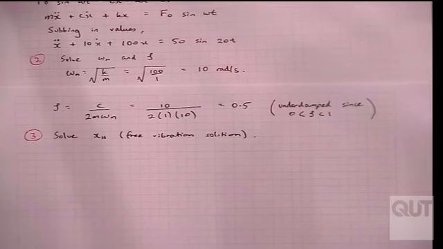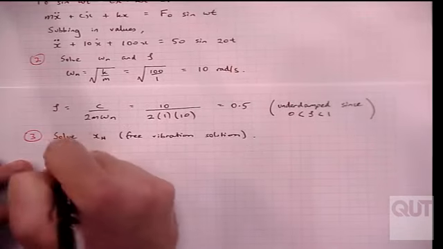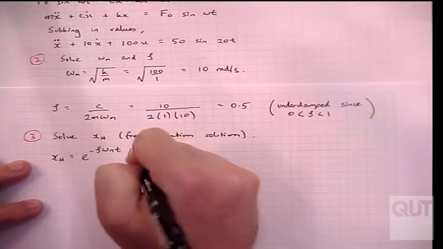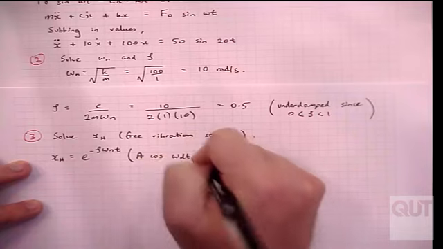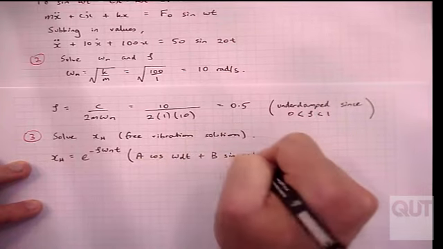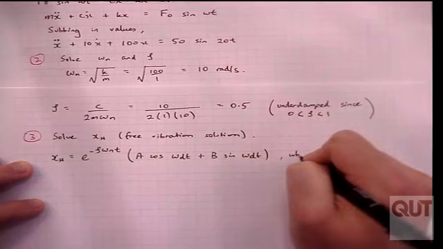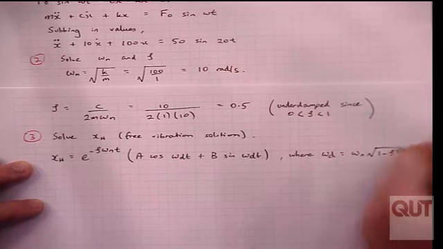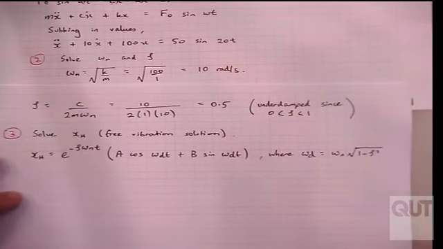Let's check my notes to remember what that looks like. So that's the general solution for free vibration we got last week if the system's underdamped. You could describe this as a single sine function with a phase shift, right?